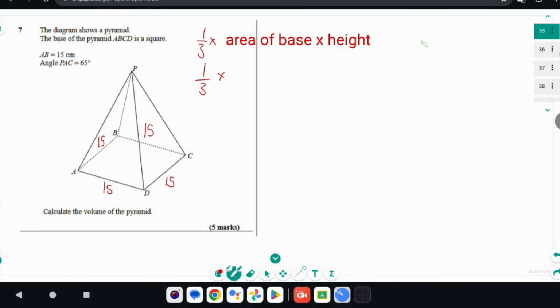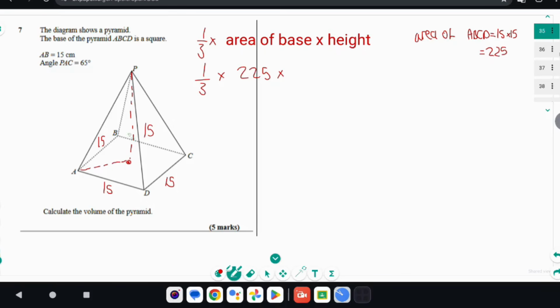So area of ABCD, 15 times 15, times the height. Now, what is the height? Let's have a look. This is similar to a question we've already looked at.